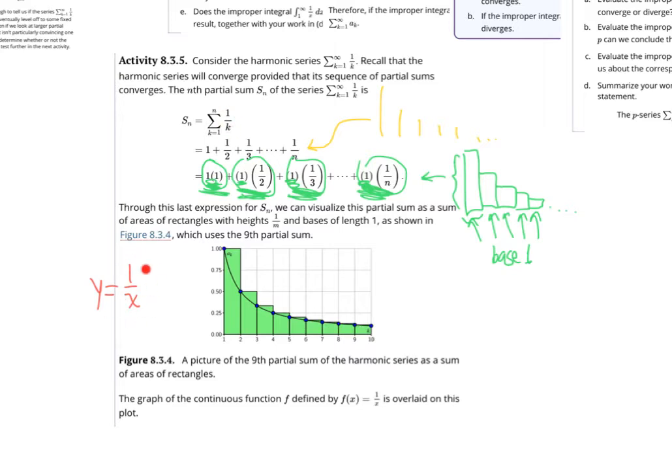This is the continuous version of 1 over k. And so it's not a coincidence that this curve is passing through vertices of these rectangles. So now we have to remind ourselves, what does the integral mean? When we first learned the integral, what is the integral? The integral is the area under the curve.